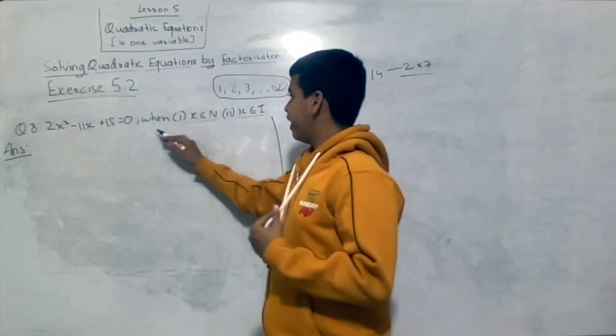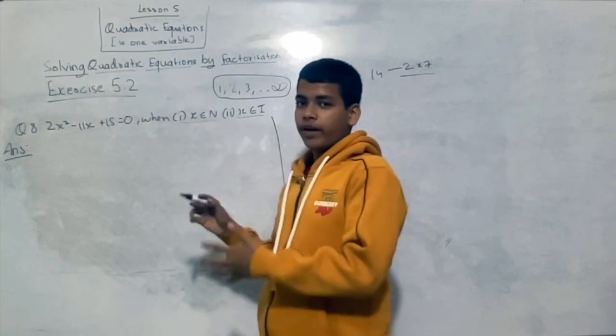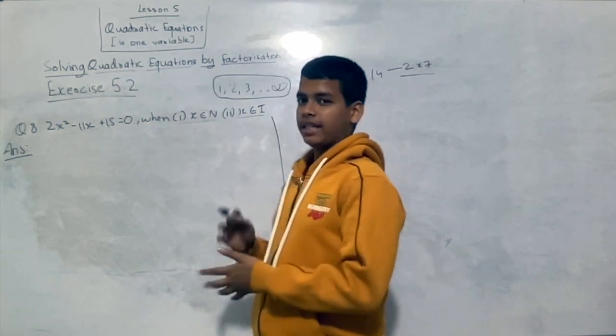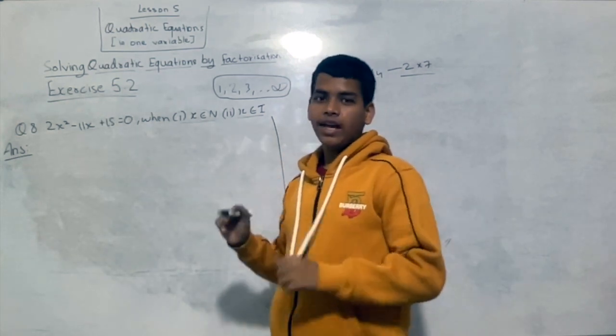That means in the first sub-question, we have to find x such that x should be a natural number. That means the value of x should be between 1 and infinity and not a decimal.